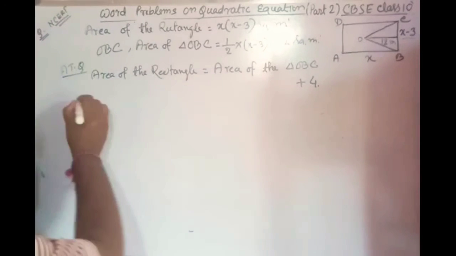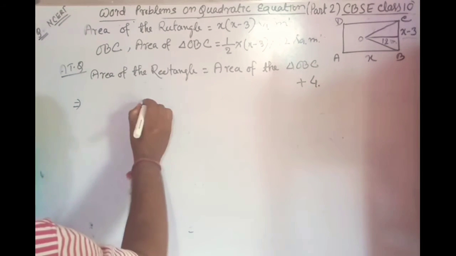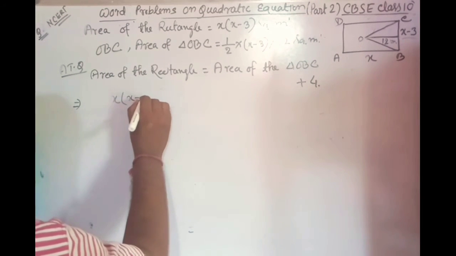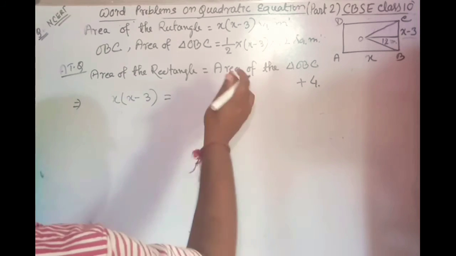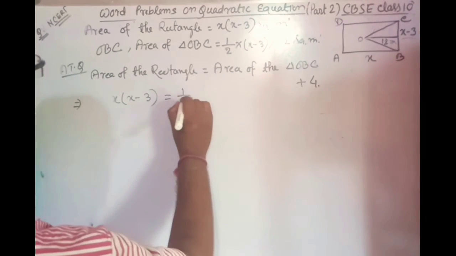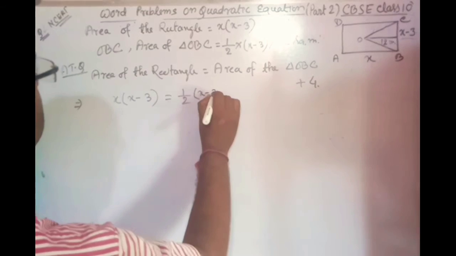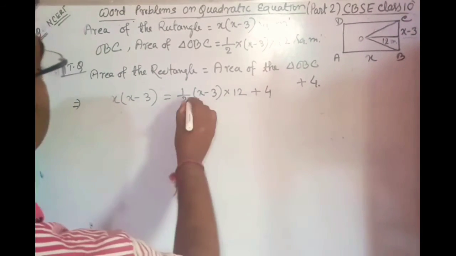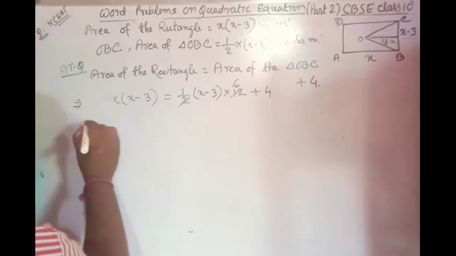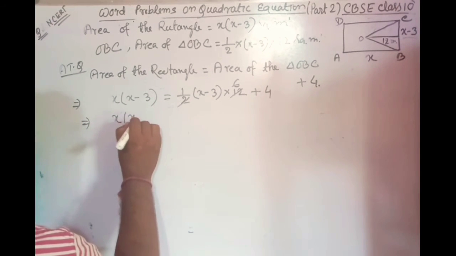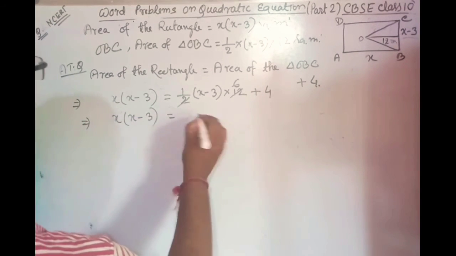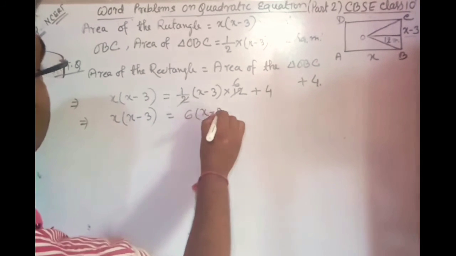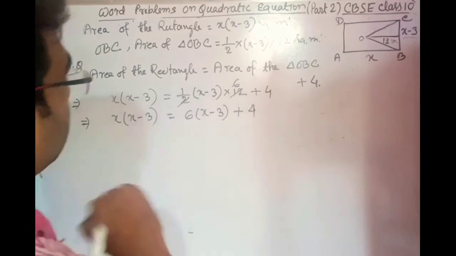So the area of the rectangle, that means x into x minus 3, equals half into x minus 3 into 12 plus 4. So x into x minus 3 equals 6 into x minus 3 plus 4.